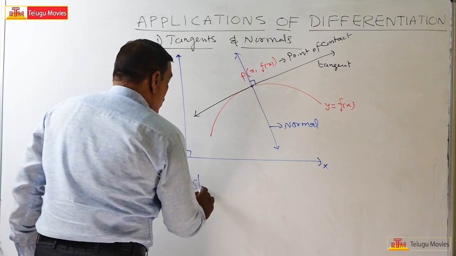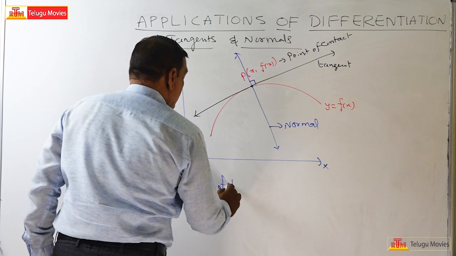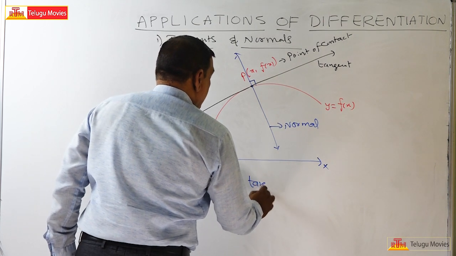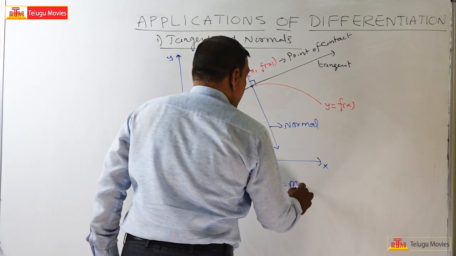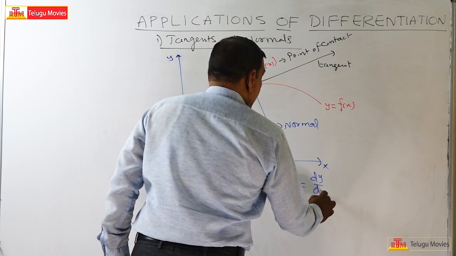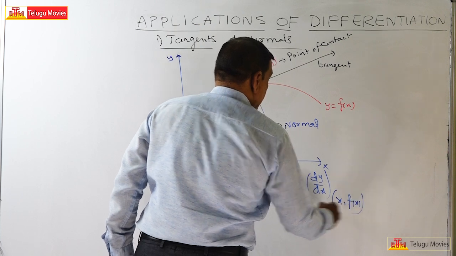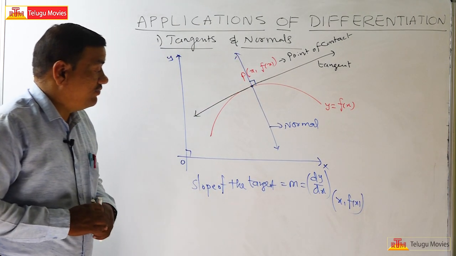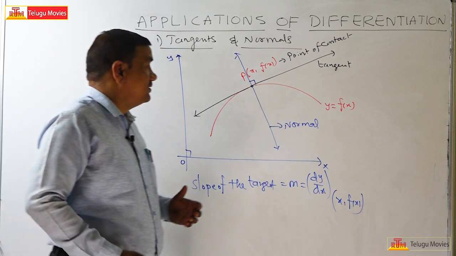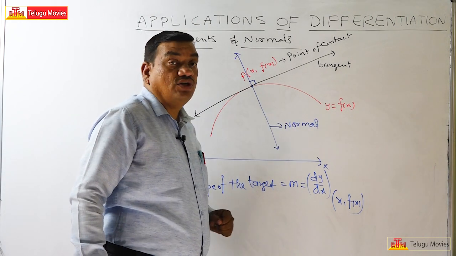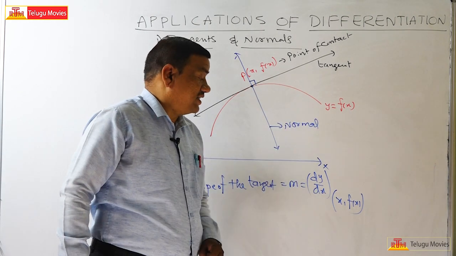The slope of the tangent, m, is given by the derivative of the function at the point (x, f(x)).